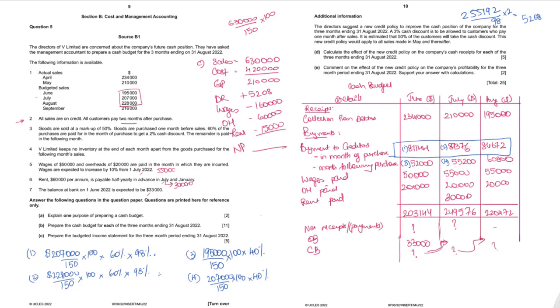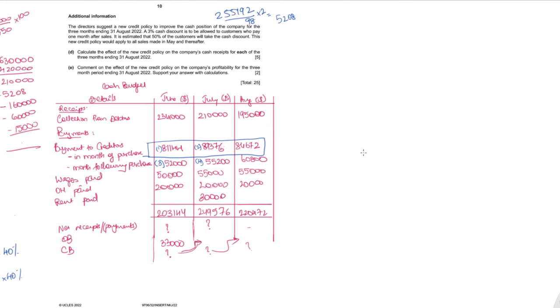So for the 3 months, we'll have to see what will be the new receipts when the policy is implemented. We'll compare it to the old receipts and we'll see how much is the difference for each month. So we could do a format like this, 1 column for each of the months.